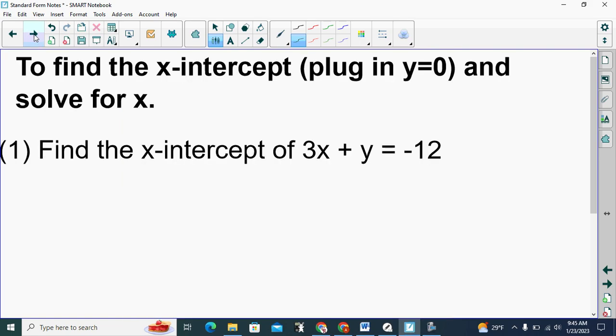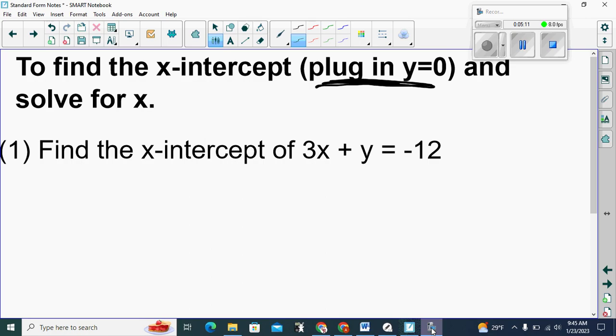So example 1 asks us to find the x-intercept of 3x plus y equals negative 12. To find an x-intercept, we are going to plug in y equals 0. To get an x-intercept, we put in 0 for y, and then we can solve for x.